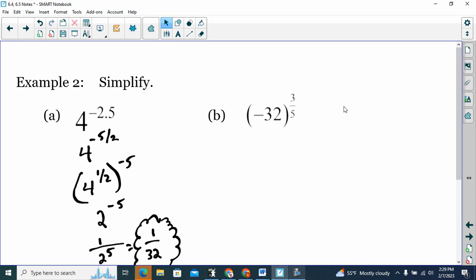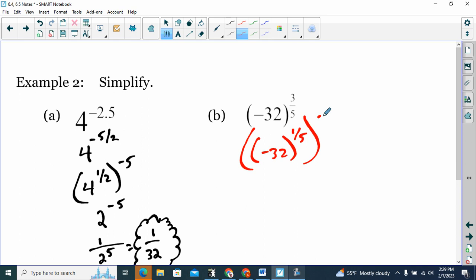Part B, negative 32 to the 3/5 power. So we've got negative 32. We're raising it to the 1/5. And then cubing it. We want the 5th root of negative 32. Sometimes we can take roots of negative numbers, sometimes we can't.